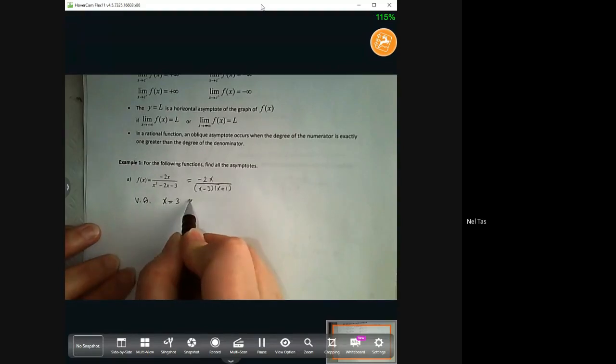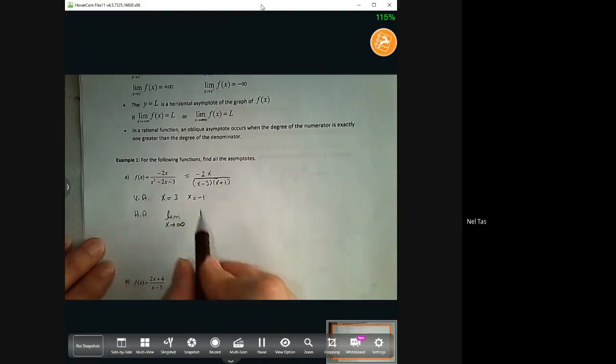So in this case, x equals 3 and x equals negative 1 are the vertical asymptotes. For the horizontal asymptote, if you use the knowledge from advanced functions, you know that the degree of the numerator is less than the degree of the denominator. So that gives you an asymptote at y equals 0. But let's check why it is y equals 0.